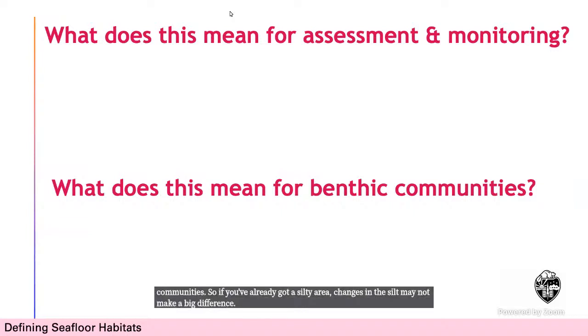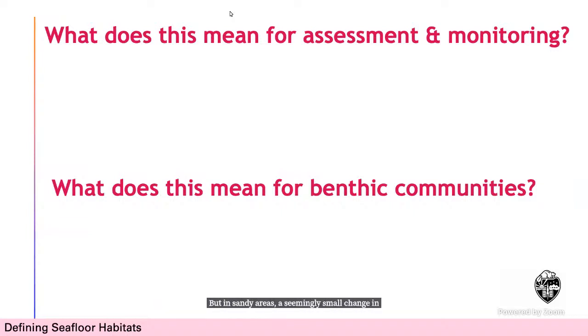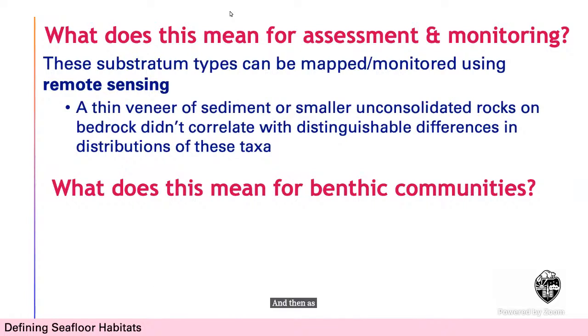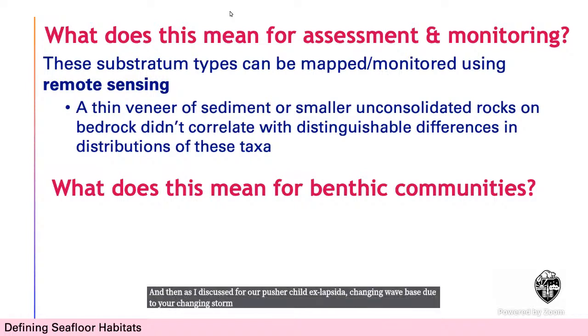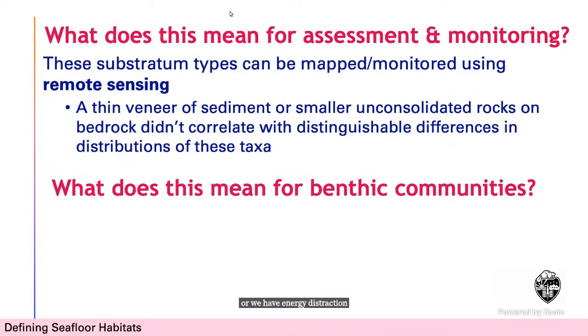So one of the findings of this body of work on habitats on this seafloor is that it does seem like these substratum types can be mapped or monitored using remote sensing. That's what we used. With remote sensing, we're able to visualize thin veneers of sediment on bedrock, but that thin layer of sediment did not result in different communities there.